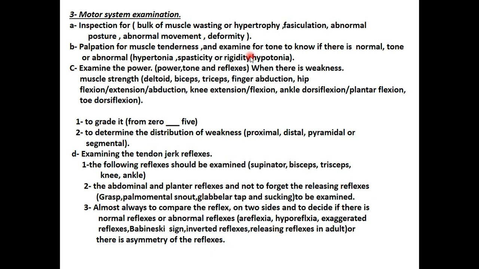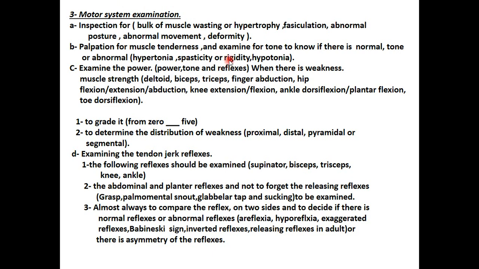In examination of the tone, the patient may have normal tone, hypertonia, hypotonia, spasticity, rigidity, and so on. Examination of the tone is very important, by movement of the hand, for example, or lower limbs. And we will see if he has rigidity or normal tone. Here there are many types of rigidity, many types of hypertonia.